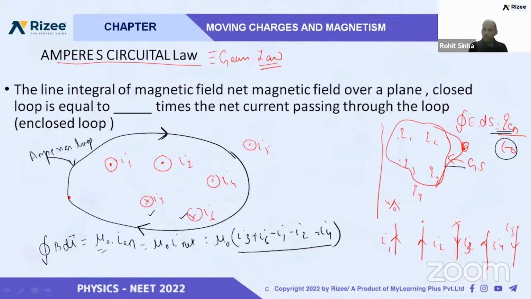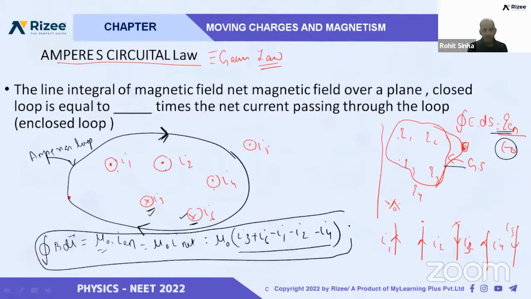From where have we decided this? From the direction of the loop, we curl our four fingers, and the direction of the thumb gives the direction of current which we take as positive. Here our thumb points inward, so inward current is positive and the other is negative. This is called Ampere's Circuital Law.